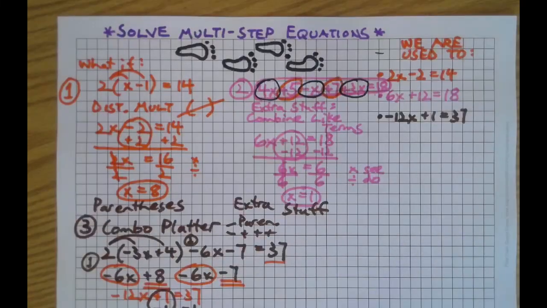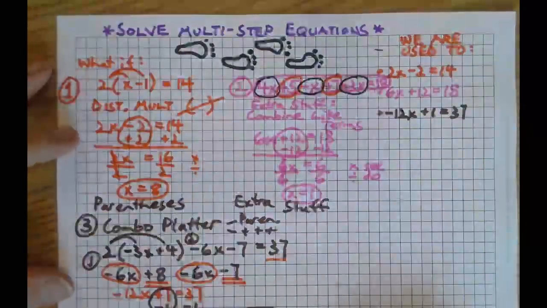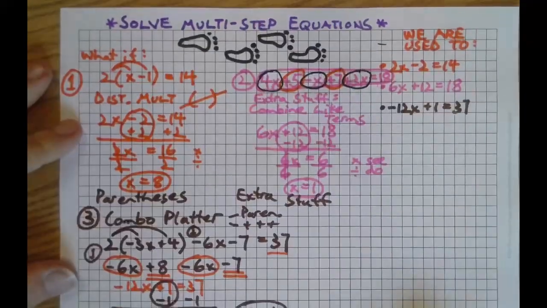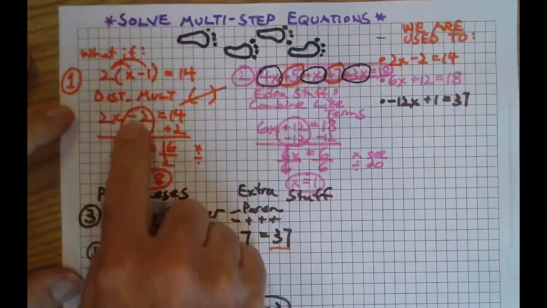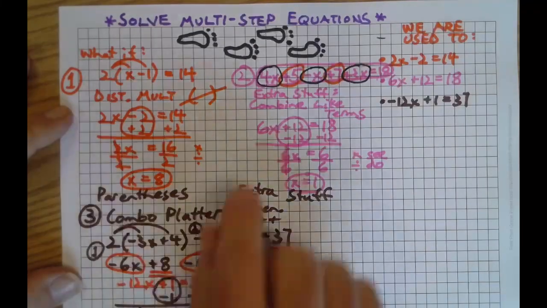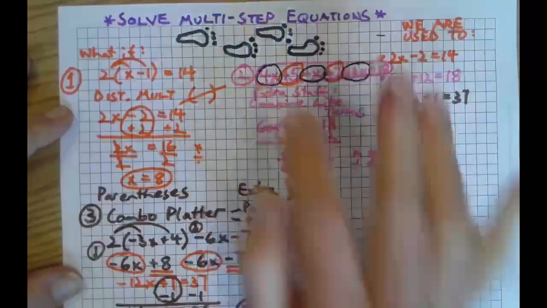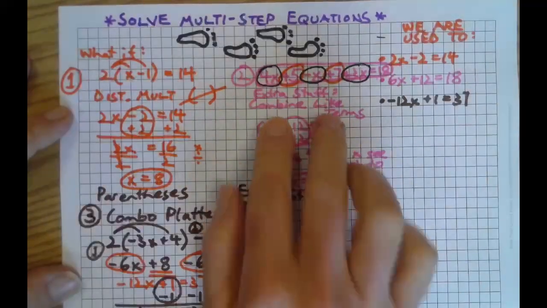The summary of this video. We're used to this stuff. I color-coded it and showed 3 possible complications we could have. We could have parentheses, which we get rid of by distribution and multiplication. We could have just lots of extra terms. Makes it messy. We clean it up by combining like terms.